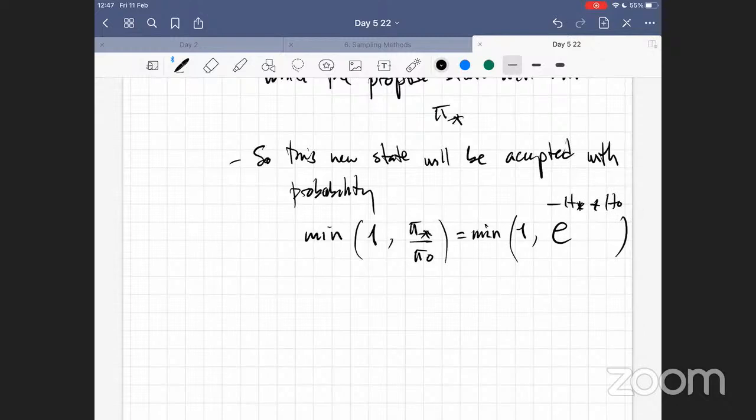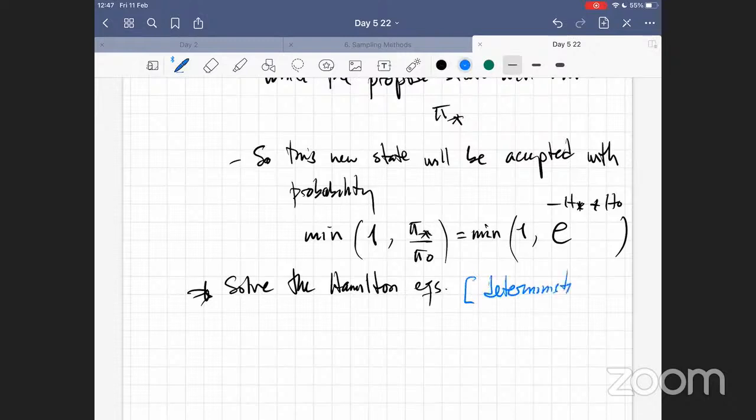Okay. Then it is just a matter of solving the Hamilton equations. So solving the Hamilton equations, this is just a deterministic step.